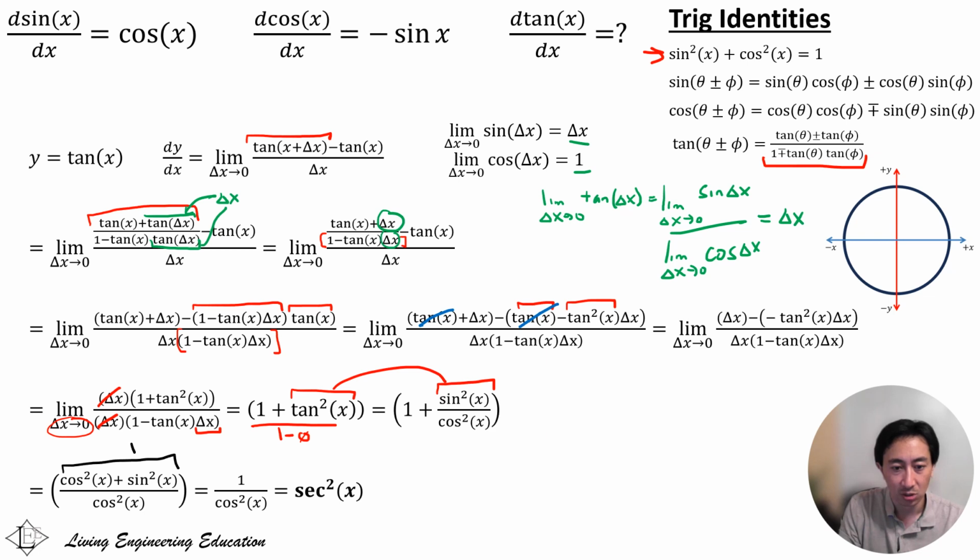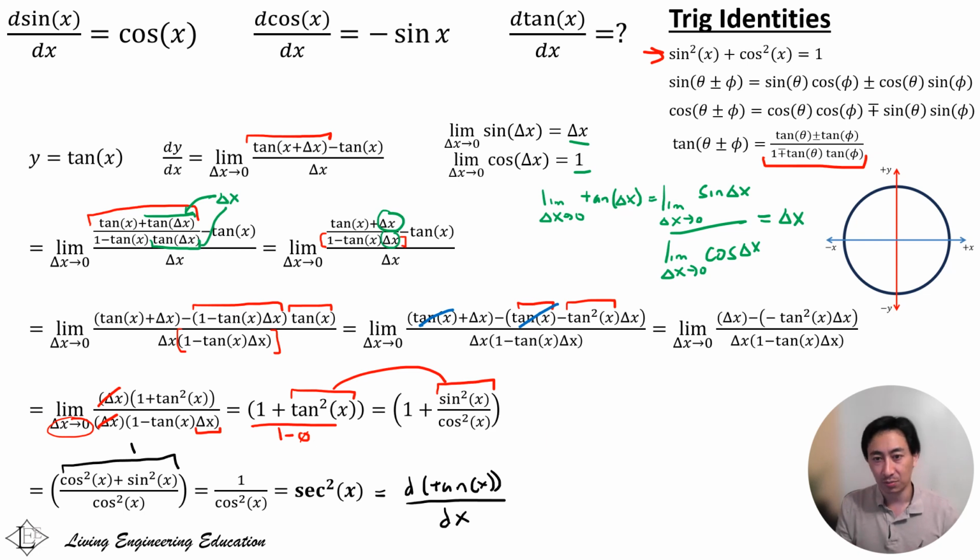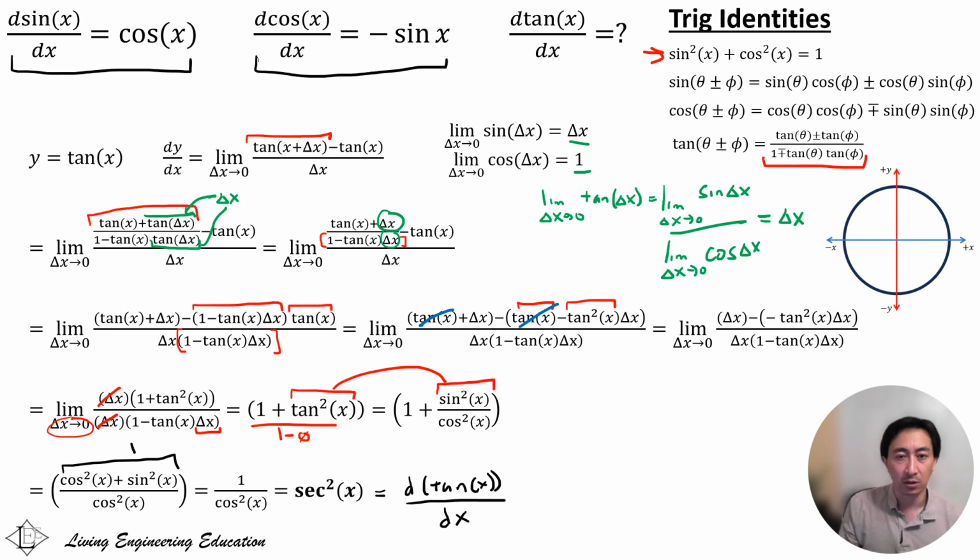So we get secant squared is equal to the derivative of tangent x with respect to x. When we get to the video where we talk about the quotient rule, we'll see that we could do this much simpler just by knowing the two fundamental cosine and sine derivatives.